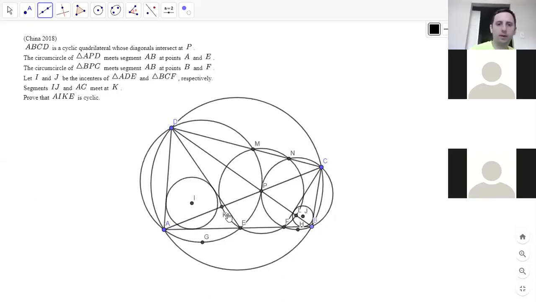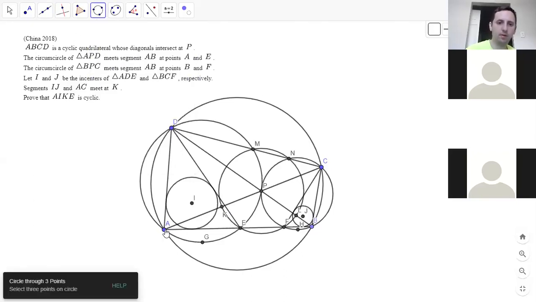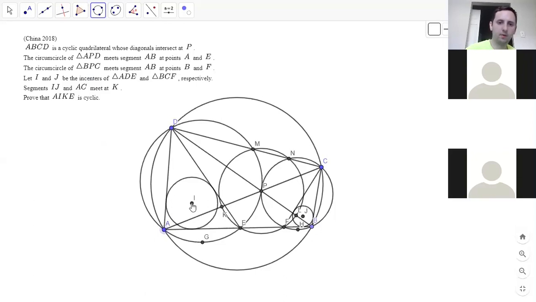Wait, did you just say K is on the circle of AIE? Yeah, it's angle chasing. We're trying to show AIKE is cyclic, but we are trying to prove that I, K, and J are collinear. Okay, so we can draw those circles. Yeah, they may be useful.